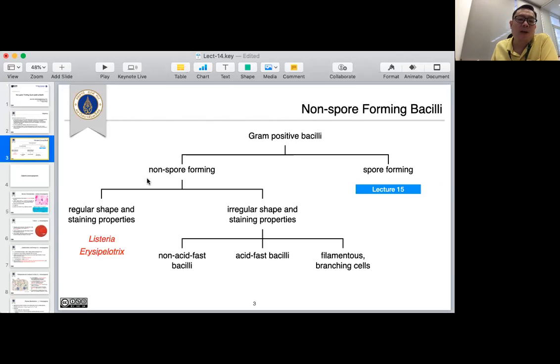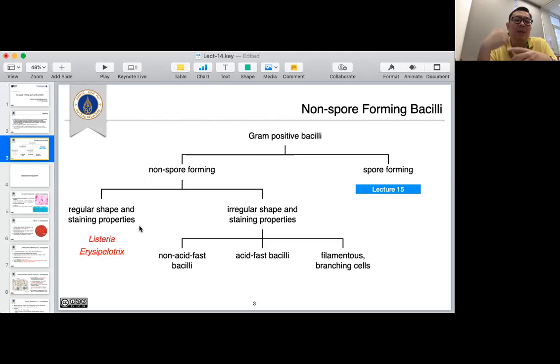This group contains so many bacteria. We separate them by morphology, by shape of bacteria. The first group is bacteria that have regular shape. When you think about bacilli, just beautiful bacilli.